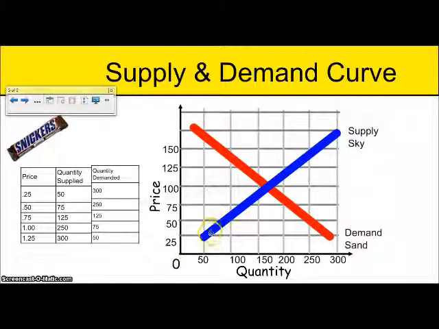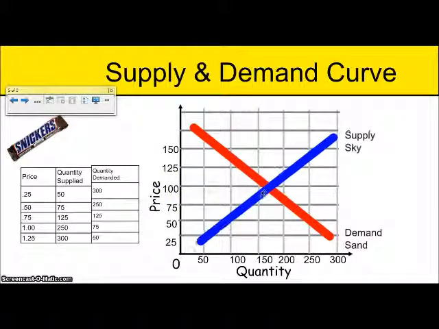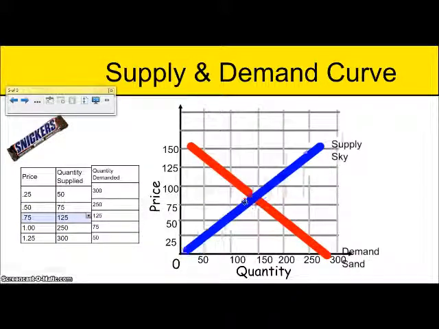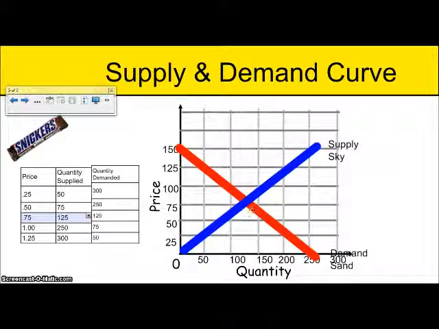All right, it will also show us very interesting facts about this. For instance, in this case, in this market, looks like our equilibrium is right about $1. So I'm guessing these lines are a little off here. We just have to shift them down. Okay, that will better reflect our supply and demand schedule. So at 75 cents, there is the quantity of 125, looks like, both supplied and demanded.